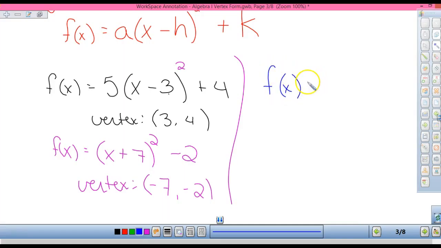Okay, so if I have f of x equals x squared minus 10. Alex, what's my h? 0, good. Sydney, what's my k? Negative 10, good.